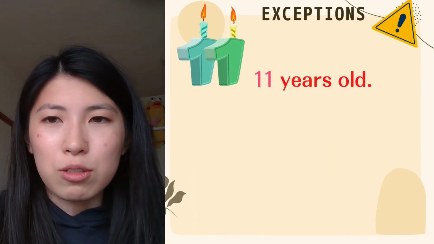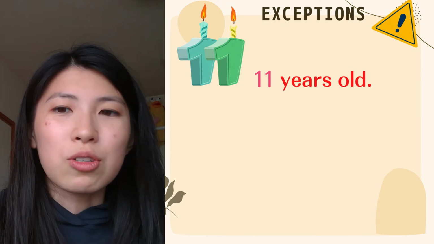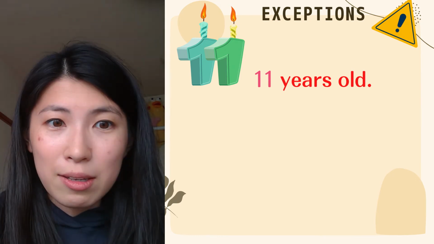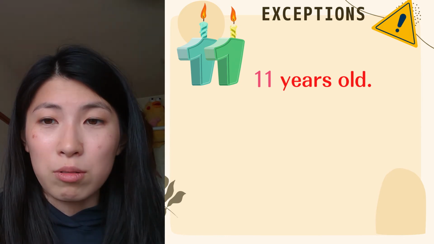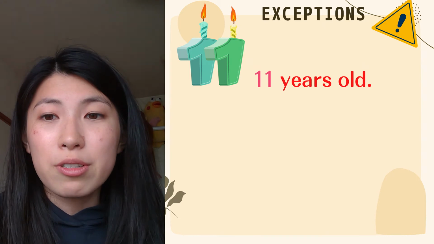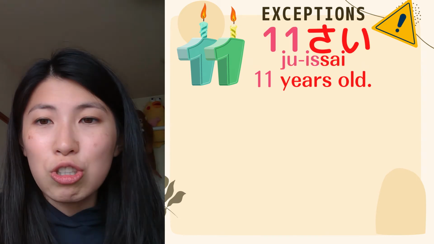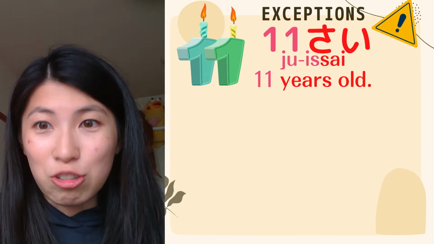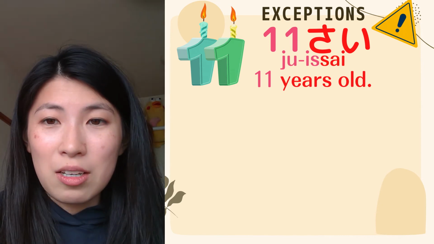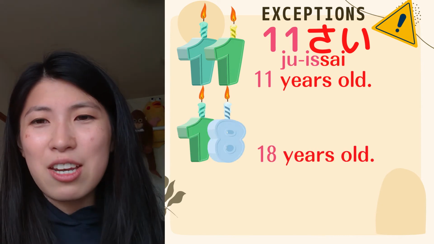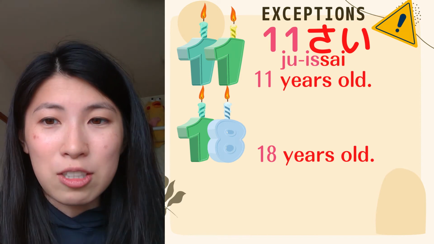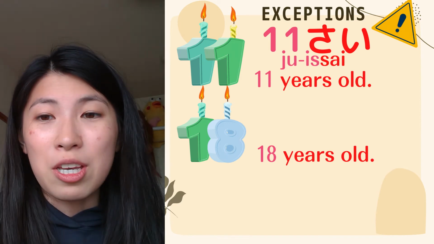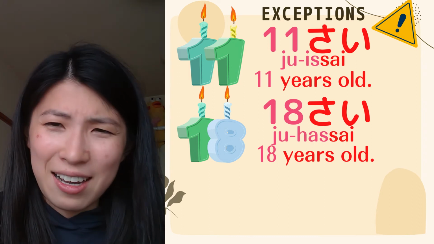We had a look at 3 exceptions, right? You still need to apply those exceptions even when it becomes 11 years old. For example, 11 years old, we pronounce it 11歳. And 18 years old: 8 years old was 8歳, so 18 years old is gonna be 18歳.